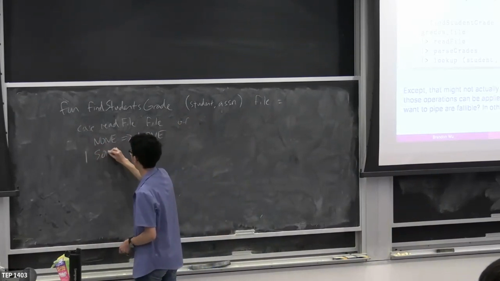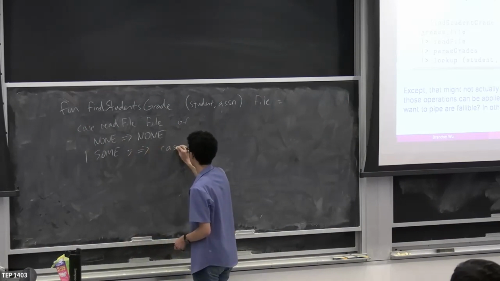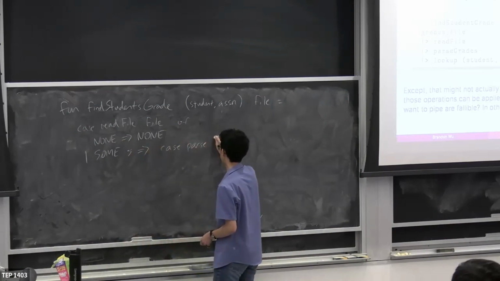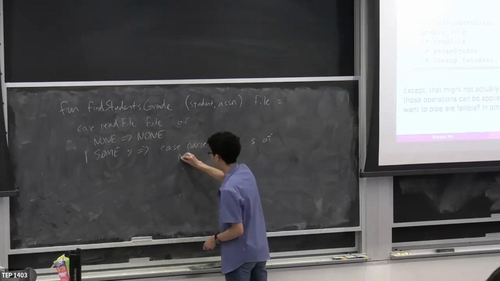If I have some of s, then I case parse grades of s. If I get none, I return none.